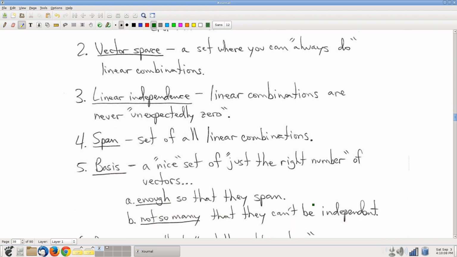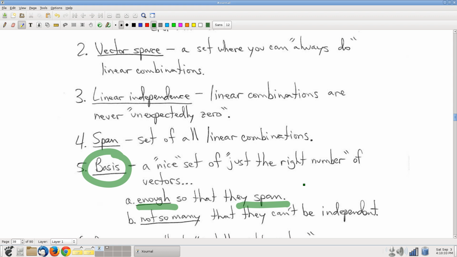All right. Let me talk about the idea of a basis for a vector space. It's a nice set. It's a set that has what I like to call just the right number of vectors. Specifically, enough vectors that it can actually span the vector space in question. It's got to have enough.